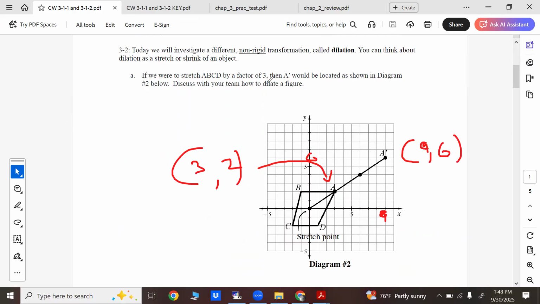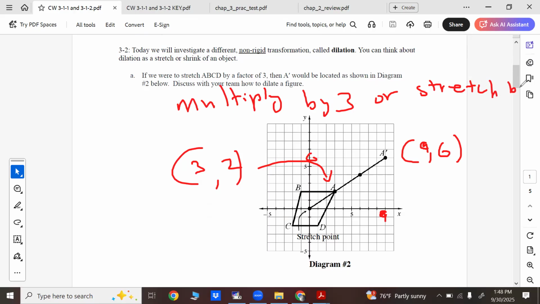So how did that change compared to A? Yeah, go William. Multiply by 3. Perfect. Thank you. You can multiply by 3, or stretch. And actually, we do say that as a formality: you stretch by a factor of 3. That's also the same thing.